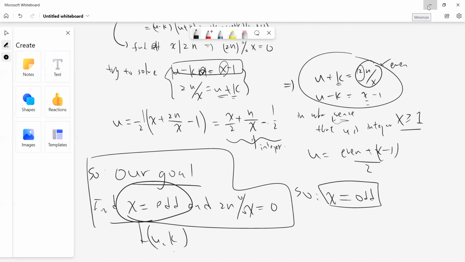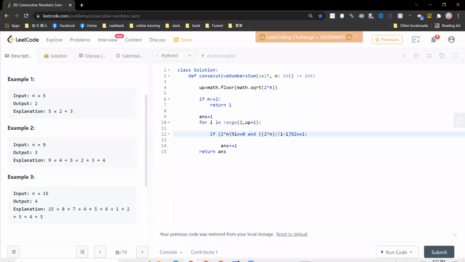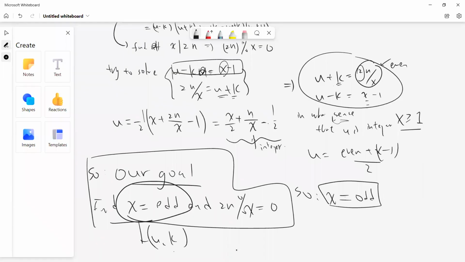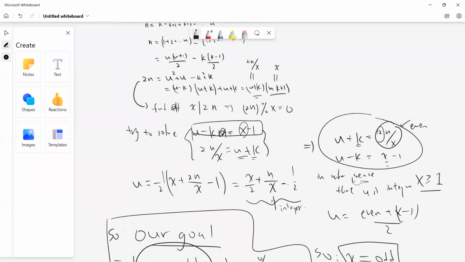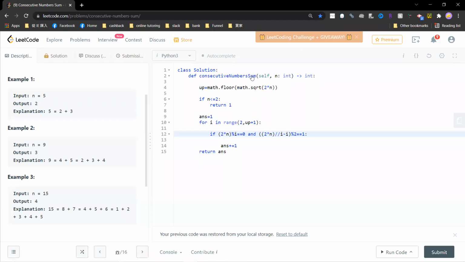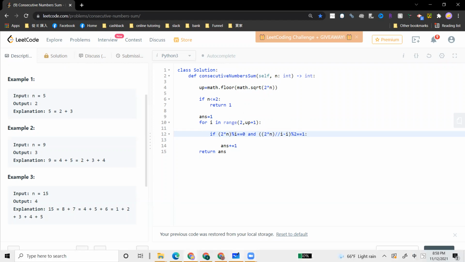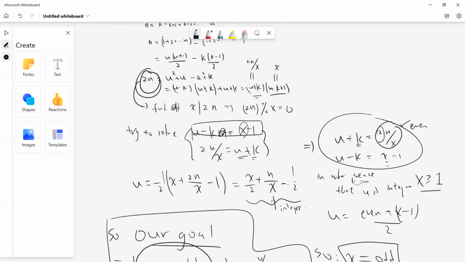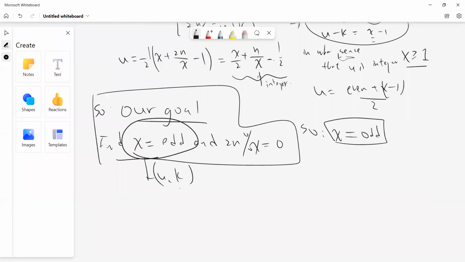Okay. So the idea is that we want to find a factor of 2n, right?